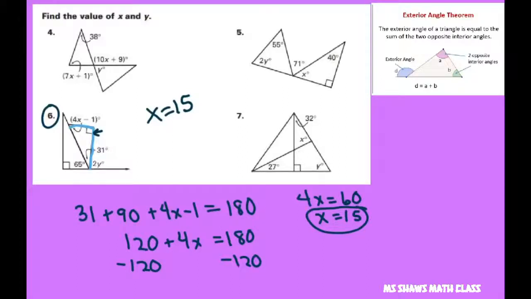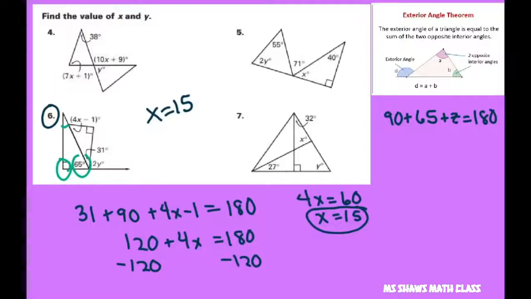Now, for this triangle, I'm going to erase that. We already have the 90 and 65. To get the third angle, just add those up. You have 90 plus 65 plus z equals 180.